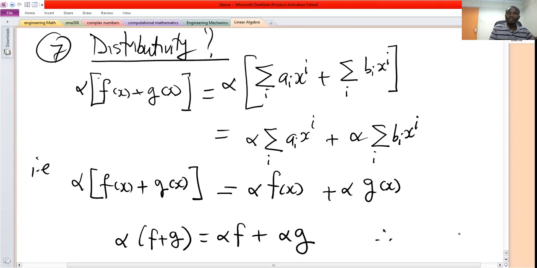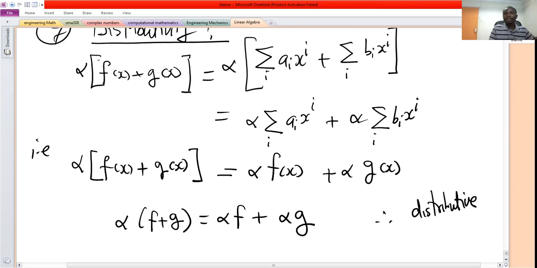Therefore, left distributivity of multiplication over addition holds.